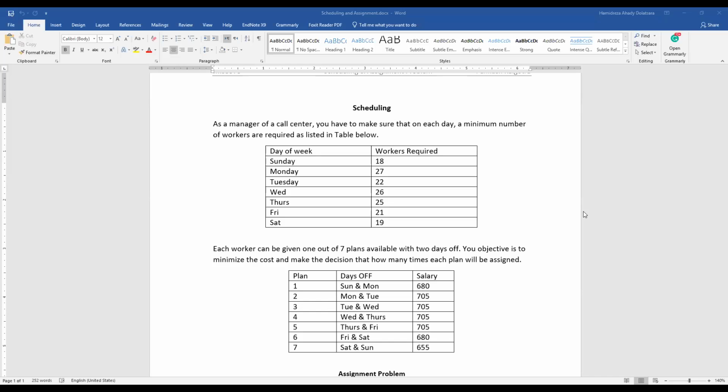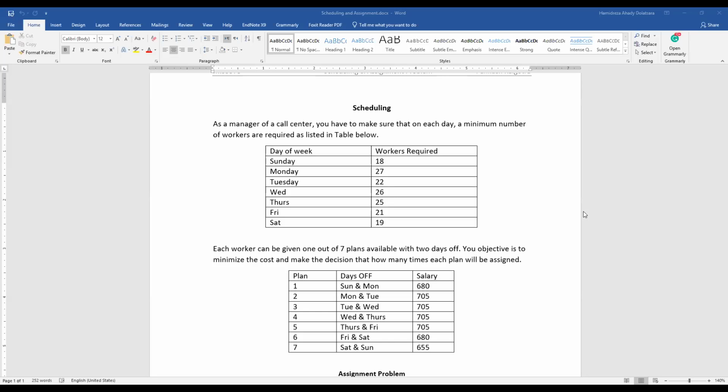So let's say in the first plan, Sunday and Monday are off, second Monday, Tuesday, up to the last plan, which is Saturday and Sunday off. And you see the salary that you need to pay for the workers that come from each plan.